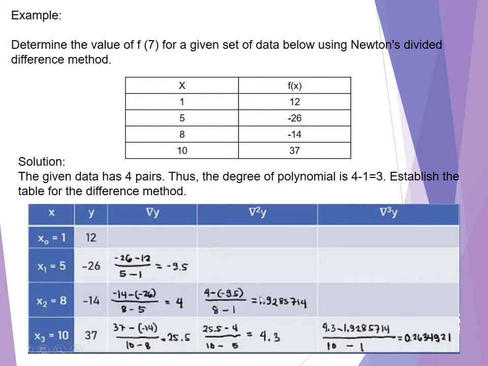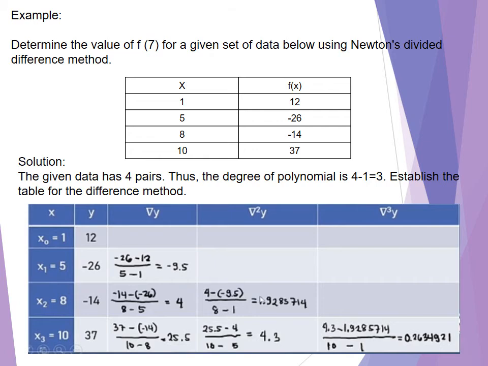Let's start solving. For the inverted delta y, we start at x of 1, so x of 0 has no value in that grid. What you see here is negative 26 minus 12.